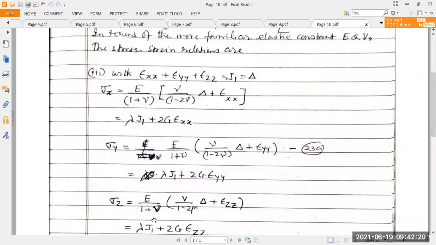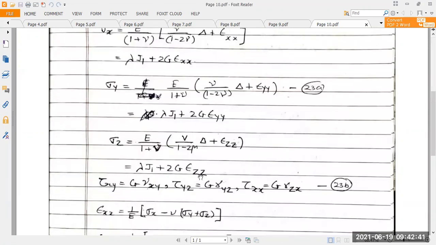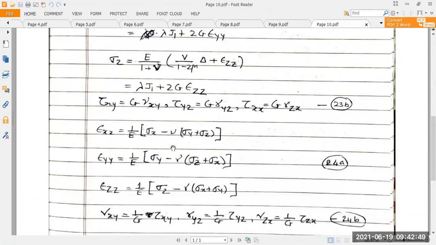Sigma x, sigma y, and sigma z are given with delta, and they are replaced to take the form like this: lambda J1 plus 2 G epsilon xx, and sigma y equal to lambda J1 plus 2 G epsilon yy, and tau xy equal to G gamma xy. We replace mu by G, and lambda and G are replaced by E and gamma, like this. Gamma xy like this, epsilon xx, epsilon yy, and epsilon zz itself.